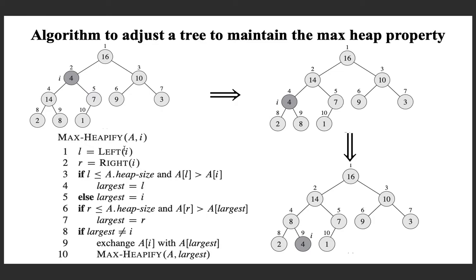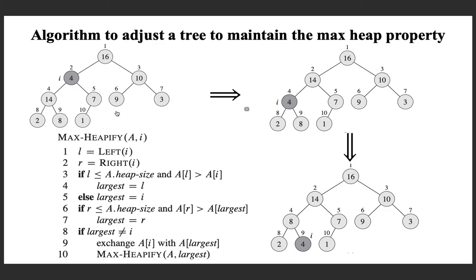So what you do is, you assign the left child index, which is 4, as L, and R as the index of the right child, which is 5. Note that L and R are not these values, but the indices of these values. I is 2, and left index means the index at which its left child is stored, which is 2 into 2, that is 4, in this particular case.